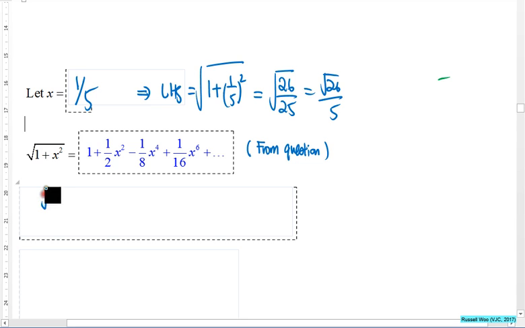Then we say square root 26 over 5 must be equals to, you just substitute x equals to 1 over 5 here.